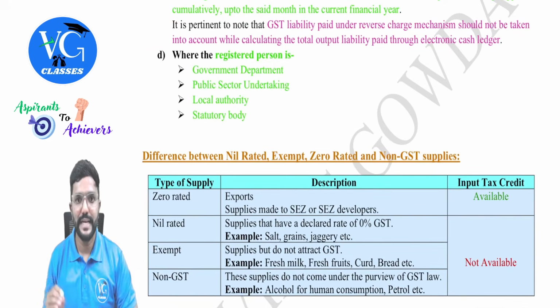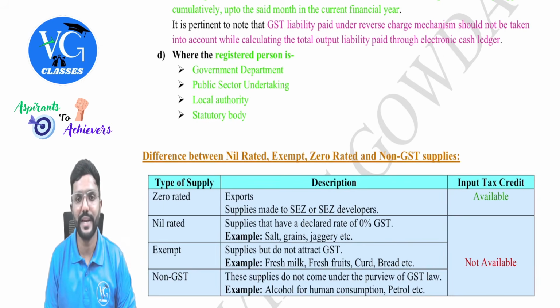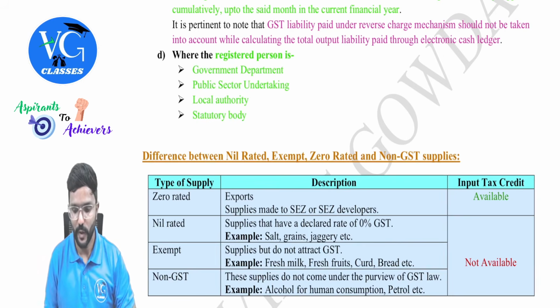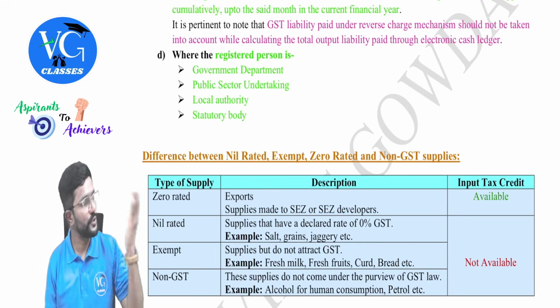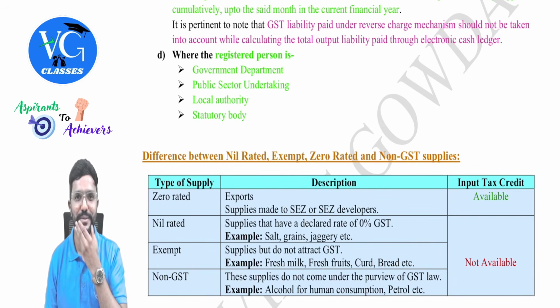It is pertinent to note that GST liability paid under reverse charge mechanism should not be taken into account while calculating the total output tax liability paid through electronic cash ledger. Sir, whatever I am supposed to pay on my inward supply under RCM, I have to pay it through cash ledger. But that is my input tax.